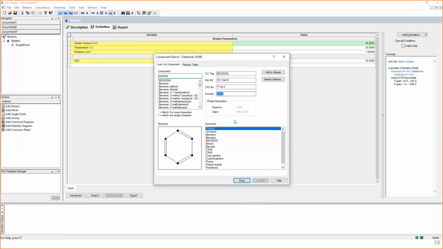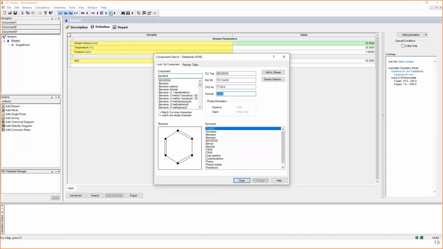Okay. Now, something that I want to highlight in here. You'll see that the AQ framework here is highlighted in blue, meaning that it's selected. So the software, when you're using the component search, is looking only in this data bank, the AQ data bank.